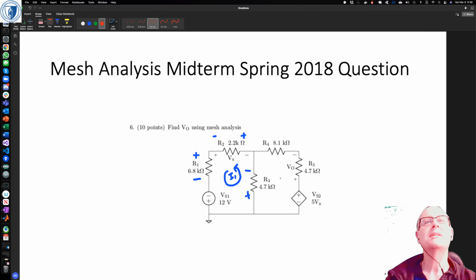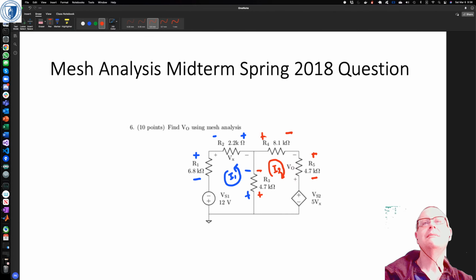And then let's make I2 again go into the negative of V out, so VR5 is the negative of V out. Okay, so there's our polarities and our directions.